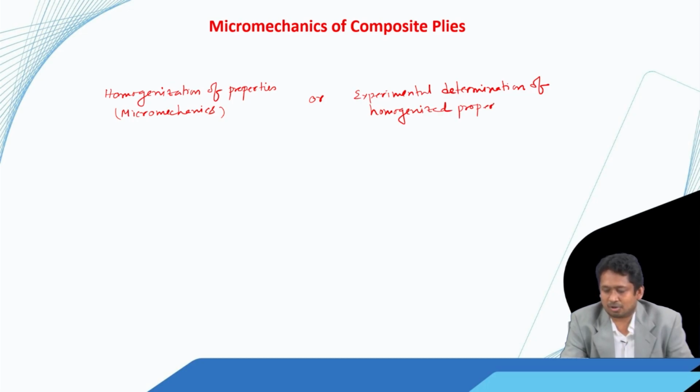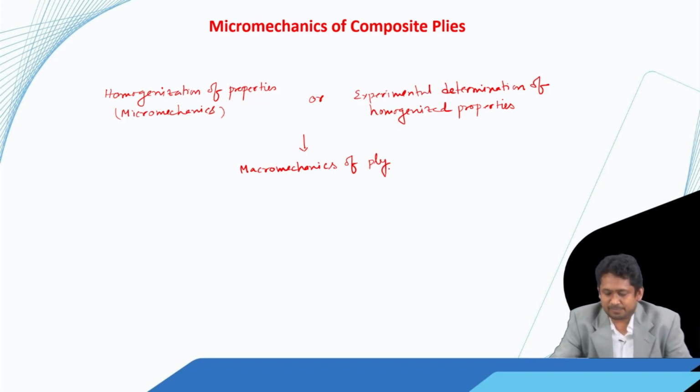So, using one of these two approaches, we can get the homogenized properties of composite ply. Once we have that, then the next step is to do a macromechanical study of ply. So, macromechanics of or macromechanical analysis of ply.